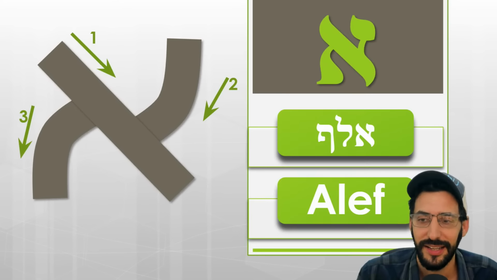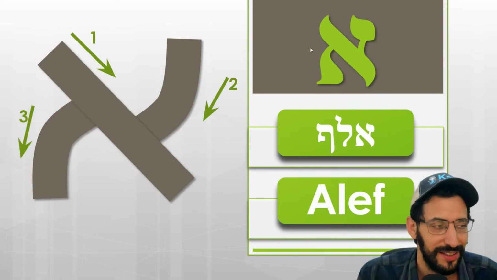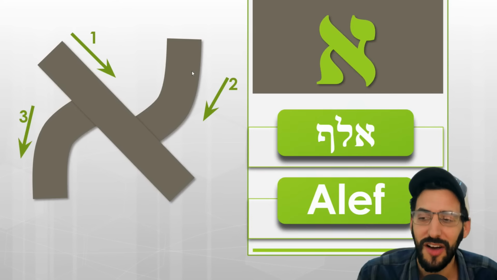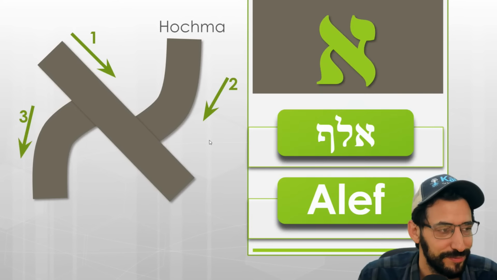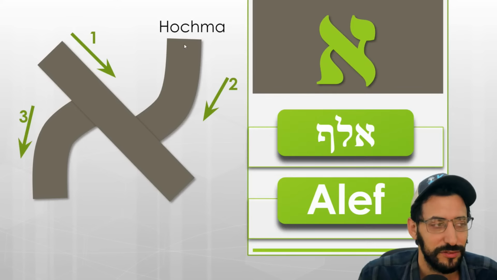Now, every letter, as mentioned before, every line in the letter has a spiritual meaning. Let's see. So this represents Chokhmah, which is a sephirah.